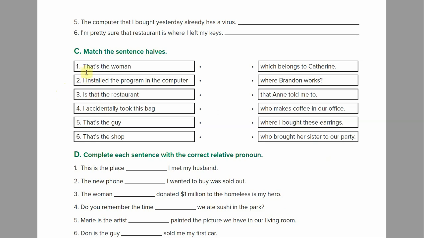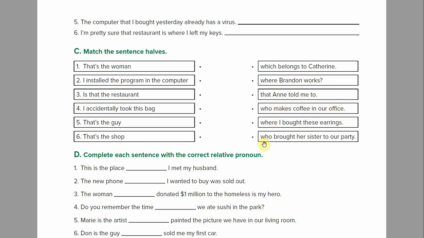All right, so number one, that's the woman. All right, so we're describing a woman. So most likely we need a who. So here we have who and who. So we have two. So who makes coffee in our office?